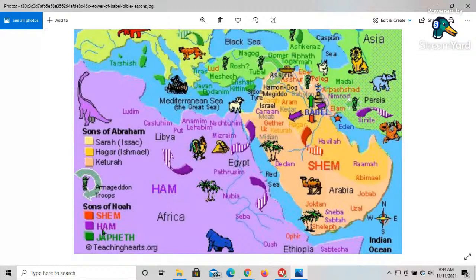Okay, we got Shem, Ham, and Japheth. So the purple ones are Ham, which are in Africa. The Shem is Lud. There's Eber and Peleg, which are descendants of Arpachshad, Asher, Aram, and Elam.